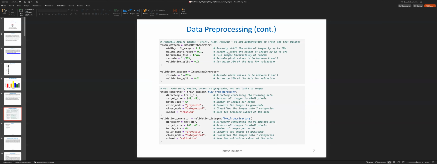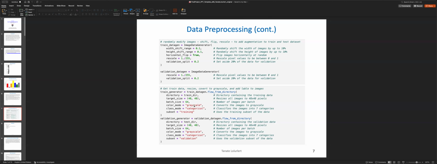In the image data generator, I use some augmentation like horizontal flip, and rescale so that the values are between 0 and 1.